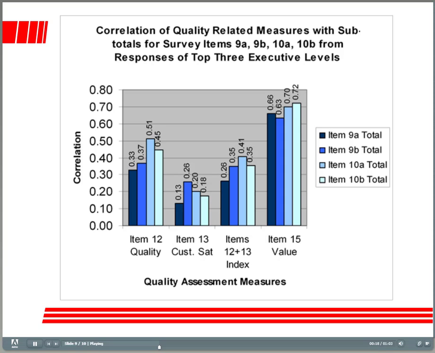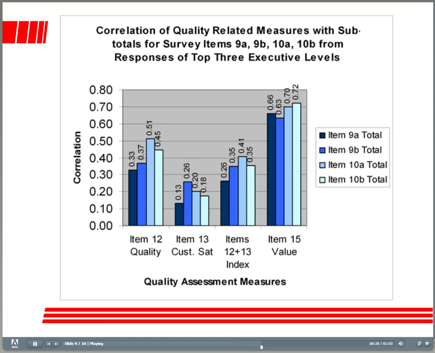And so here are the results of the correlations for those comparisons. And for item 12, quality, you'll notice there's fairly high bars on the right, and those are for the awareness and use of quality tools.